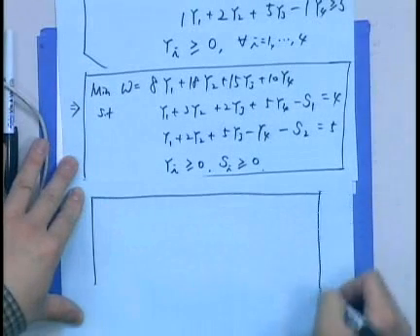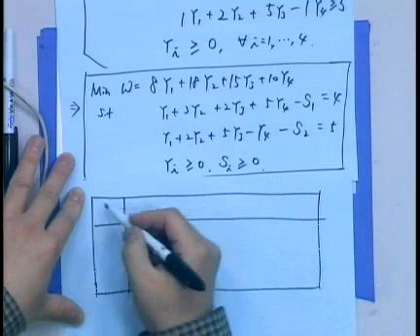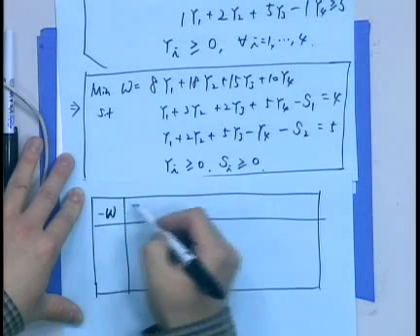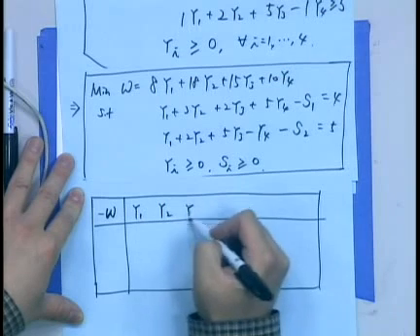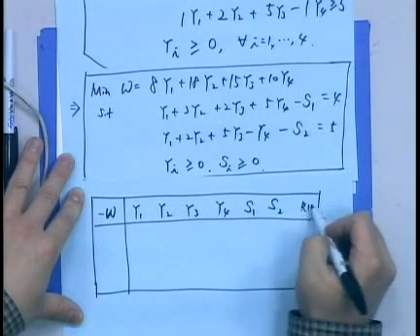So the initial table for the dual problem is negative W, Y1, Y2, Y3, Y4, S1, S2, right-hand side.